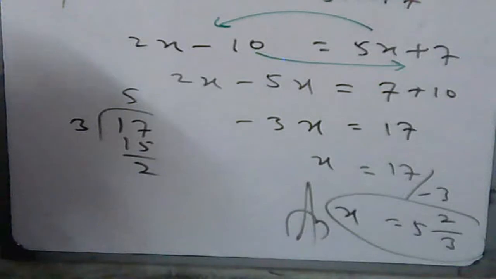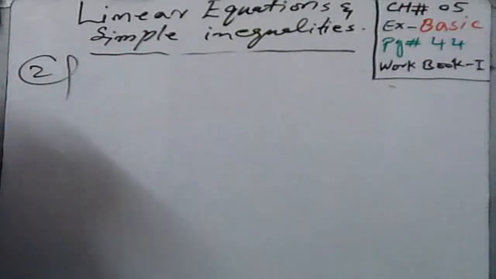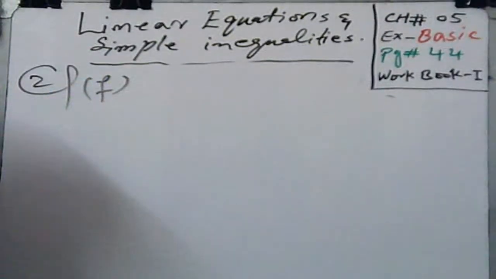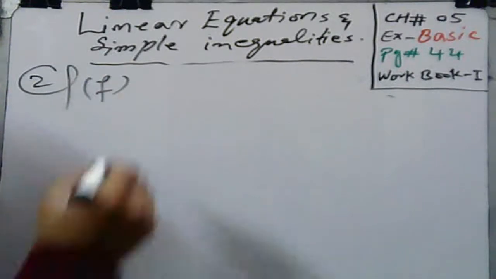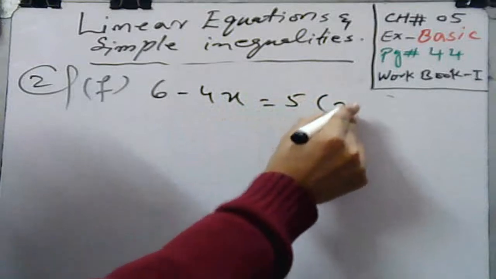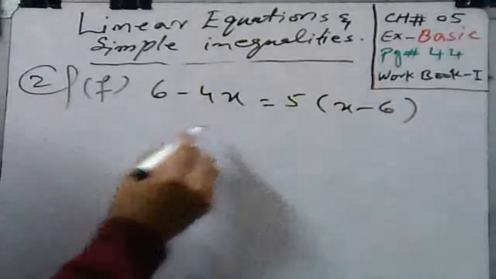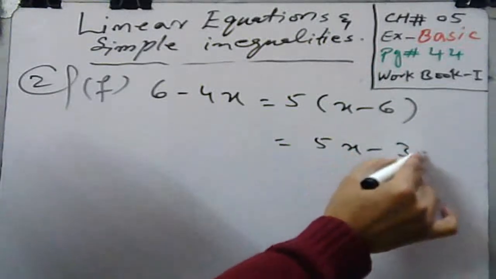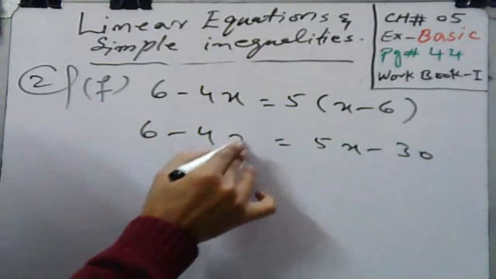Now in F part, 6 minus 4x is equal to 5 into x minus 6. So multiplying, 5x minus 30, 6 minus 4x.